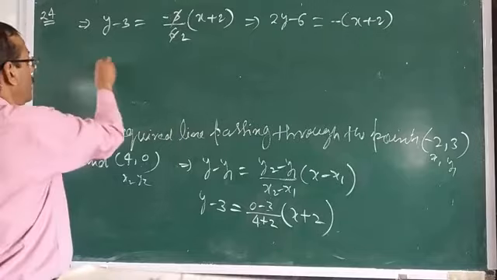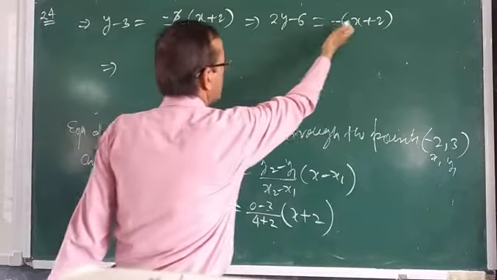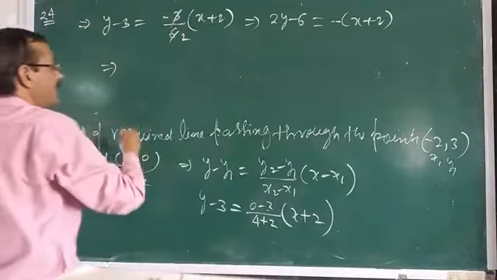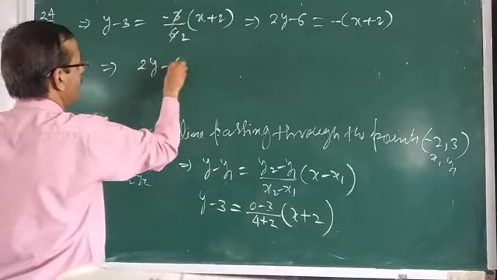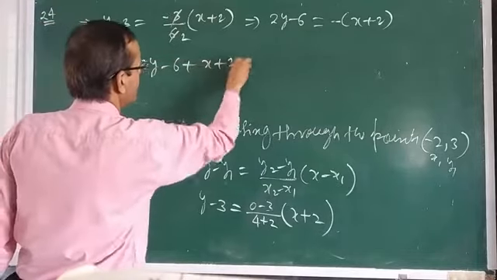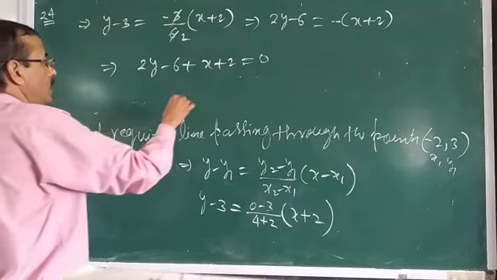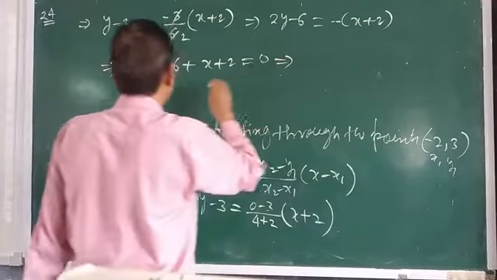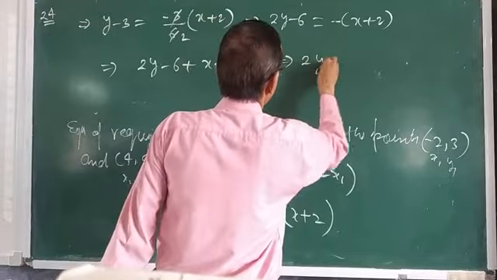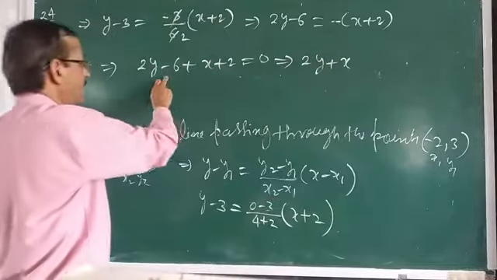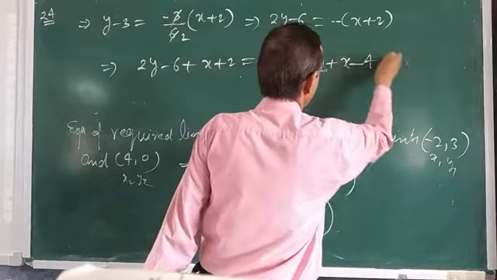Now, bring this total to the left side: 2y minus 6 plus x plus 2 is equal to 0. That is 2y plus x minus 6 plus 2, what will be? Minus 4.